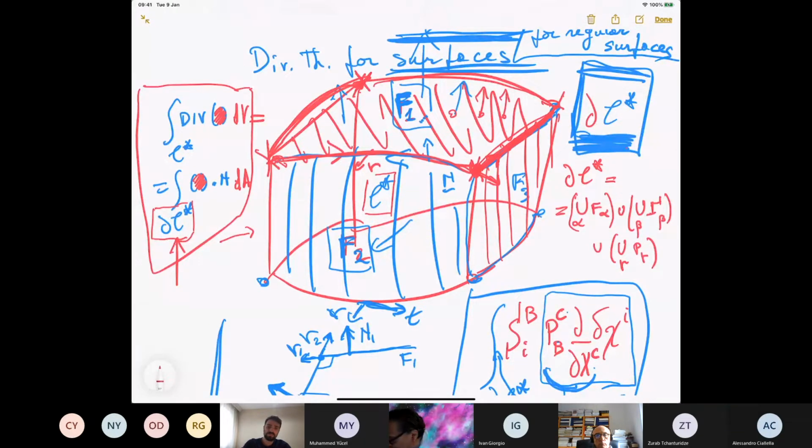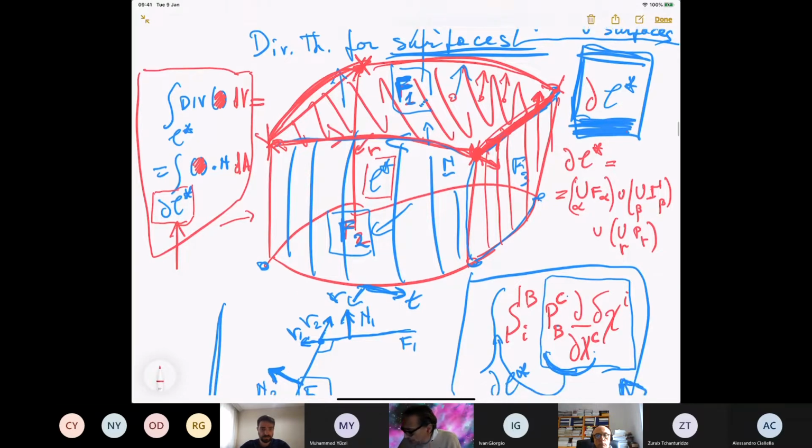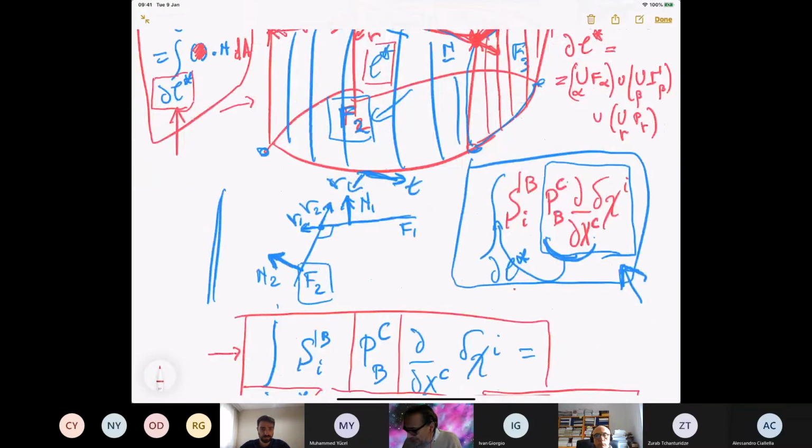So it is well defined on this edge here. It is well defined, the limit of the normal coming from the F1 side of the curve.